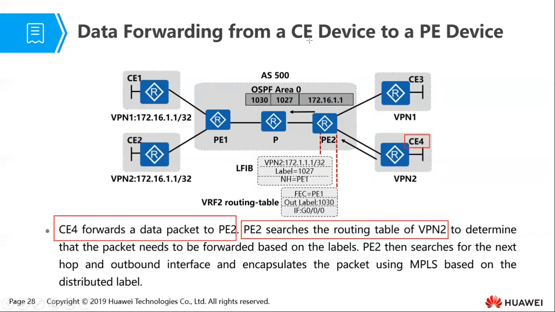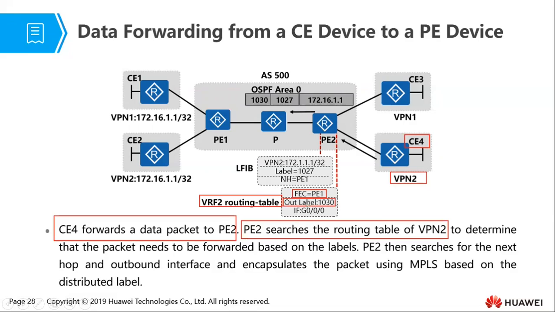So what is happening here? It's going to check the VRF table for this particular VPN instance. That's why it's referred to here as the VRF2 routing table. So it's going to identify any packet that is coming from that particular device. Then it's going to identify that this packet is supposed to go out as a labeled packet.